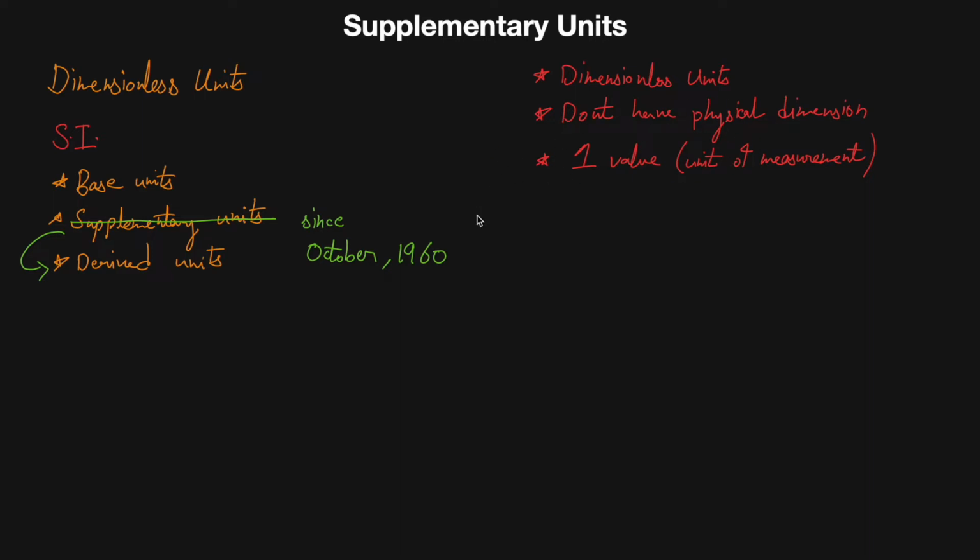The supplementary units actually comprise only two units, which are purely geometrical, and they are known as radian and steradian.